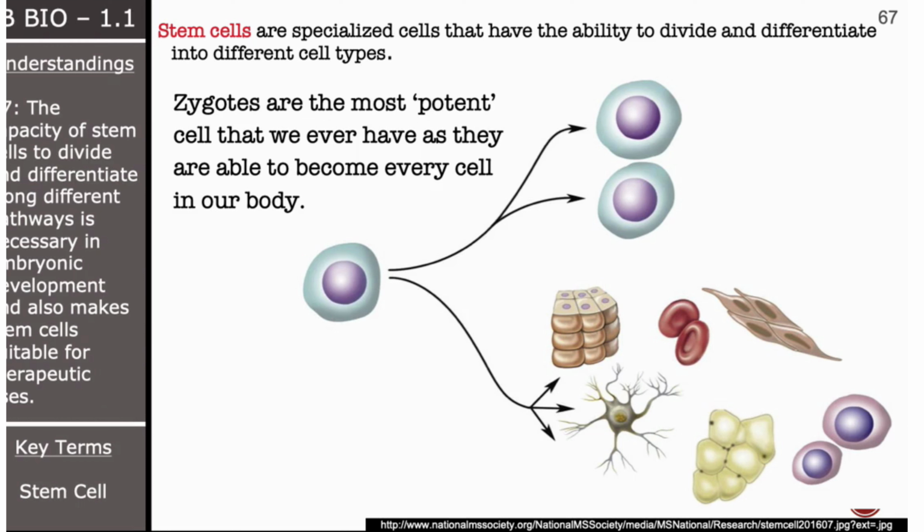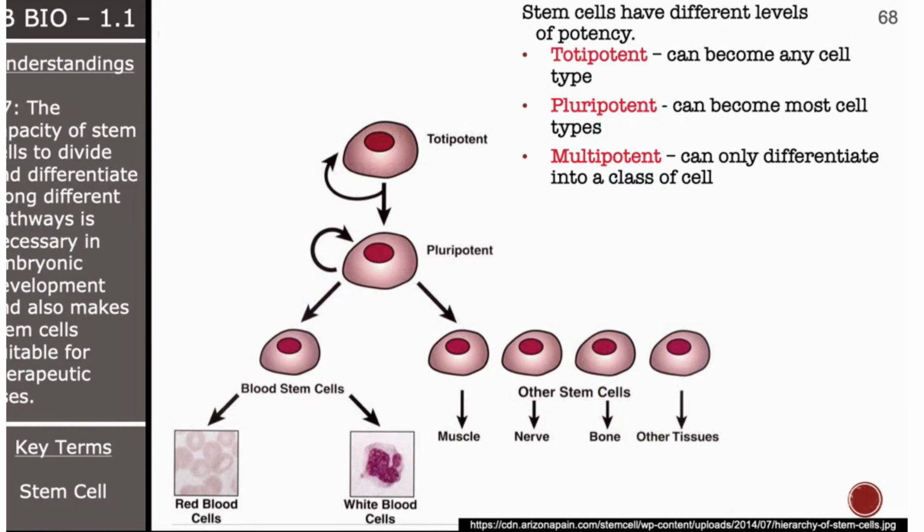Zygotes are the most potent cells that we ever have, as they are able to become every cell in our body. Stem cells have different levels of potency: totipotent can become any cell type, pluripotent can become most cell types, and multipotent can only differentiate into a class of cells.